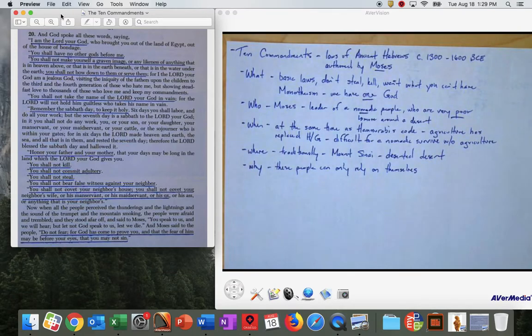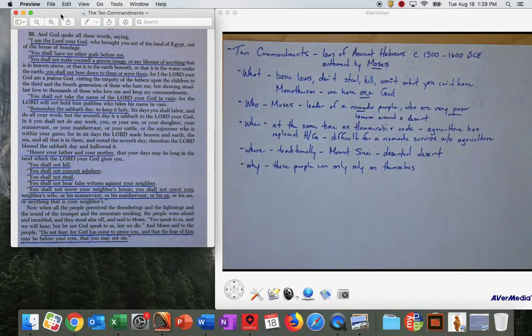These people can only rely on themselves. They have no one else to depend on. They have no city to live in. They have very meager food and water supplies. So they really only have themselves. For defense, for survival, that's it.